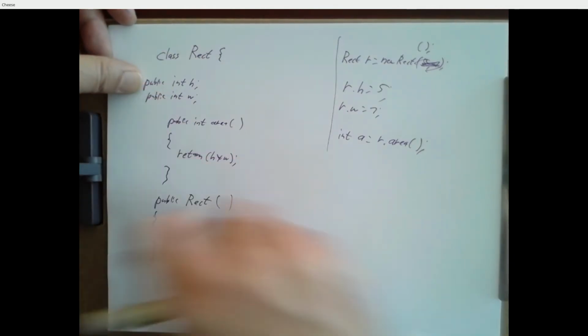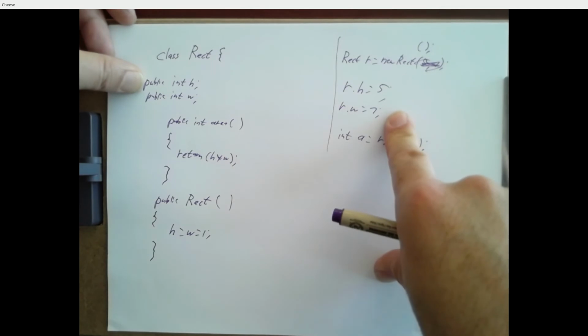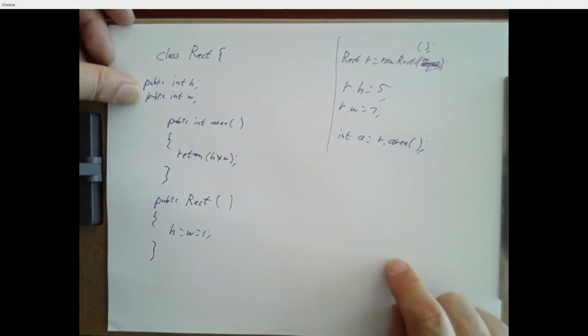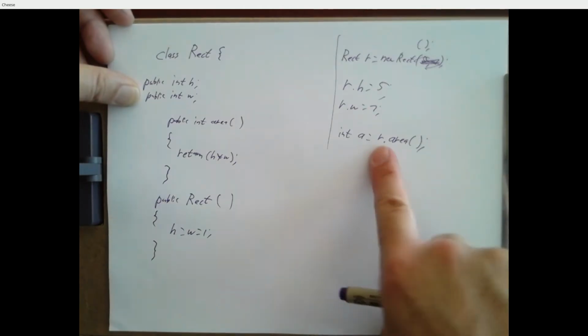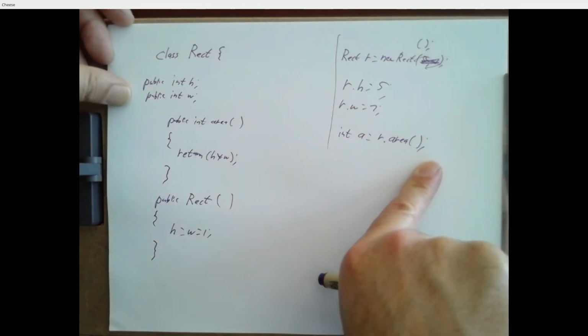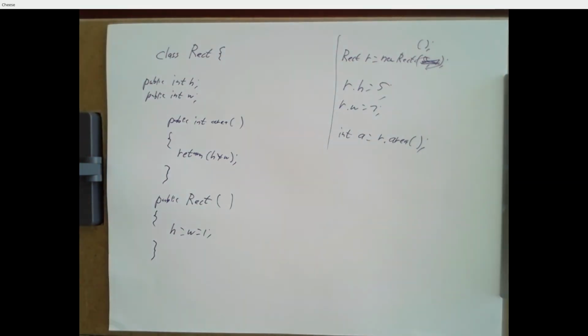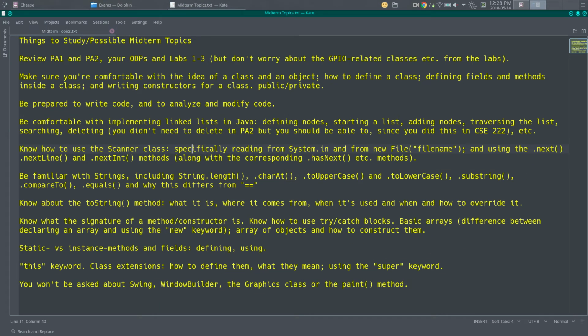But if these are marked as private, this won't compile. Okay, if they're marked as public, then this becomes valid. If I had a private method and I tried to access that from outside the class, I'd get an error saying that's not visible. So they control visibility, not scoping. They control what you can see from different contexts.